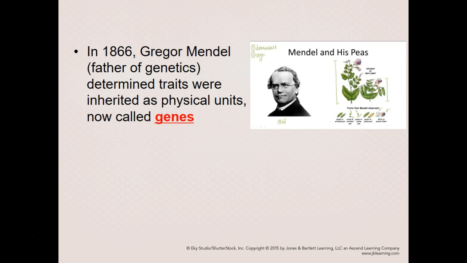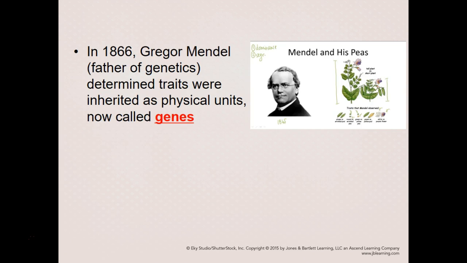So what are genes? Well, this came from Gregor Mendel. Gregor Mendel is father of genetics. He figured this out before we really knew a lot about what DNA was. We didn't know what was the characteristic that was being transferred from one organism to another, from parent to offspring. But he came up with this in the 1800s.